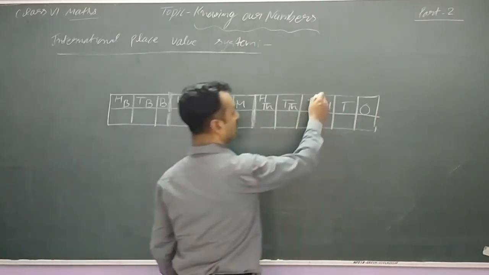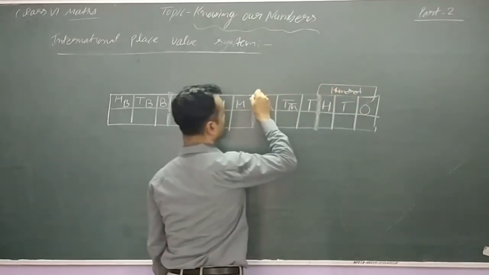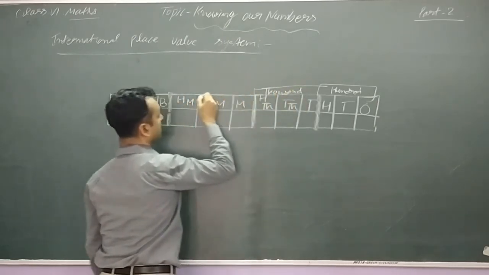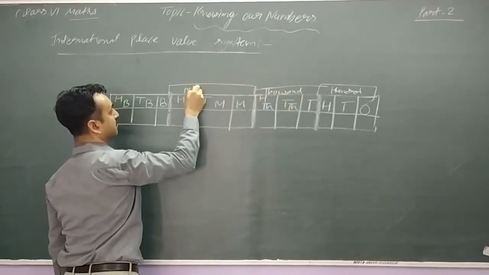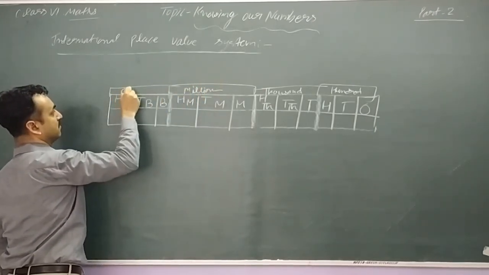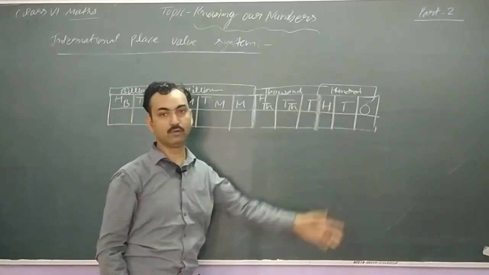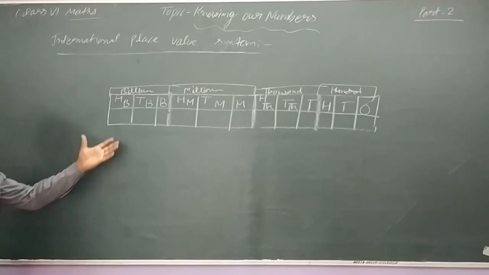This is the group name of 100, this is the group name of 1,000, this is the group name of million, and this is the group name of billion. You can see 3, 3, 3, 3. A 12-digit number we can read in the international place value system by this system.